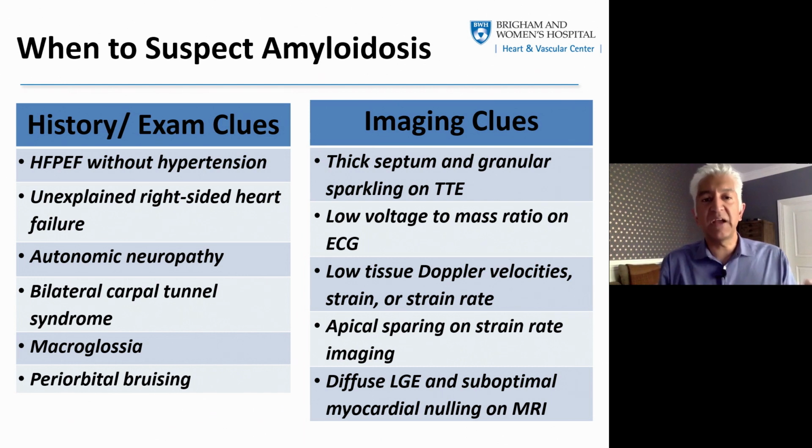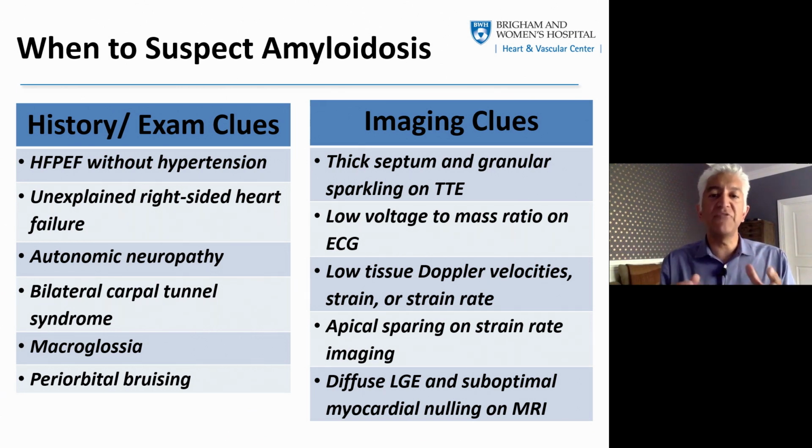So when to suspect amyloidosis, I think in general, we want to think about this entity in patients with heart failure without hypertension, those with unexplained right heart failure, those with dysautonomia. Think about bilateral carpal tunnel syndrome or biceps tendon rupture as a clue to amyloidosis. And for AL disease or light chain disease, patients may have a thick tongue, big shoulders, and a lot of periorbital bruising.